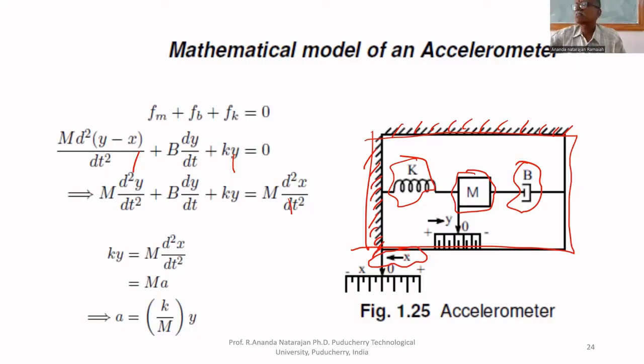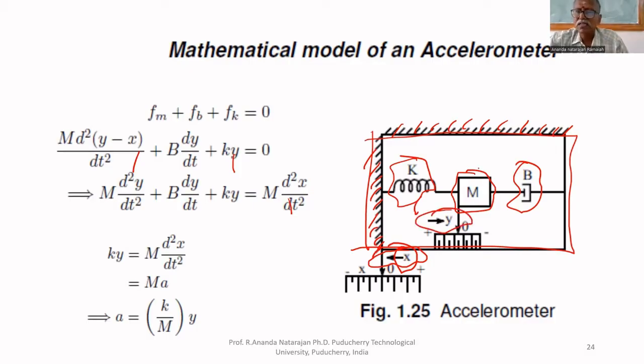Its displacement is x. It is attached to a car, let us assume. The displacement of that car is x. Now we have to find the acceleration of that car. The acceleration of the car can be found from this y.